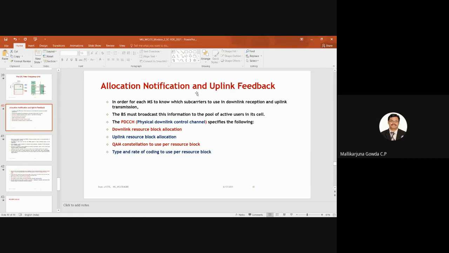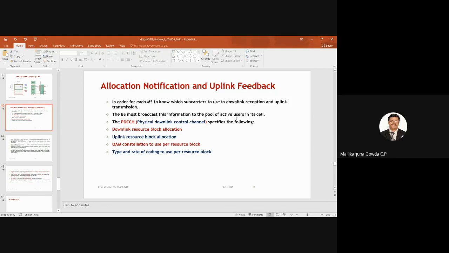The base station will be broadcasting that information to the pool of active users in that cell. Let us assume that there is one cell in which maybe hundreds of users will be there. The base station will be broadcasting the information about the number of subcarriers available for use to the users, and that too for active users, not for all users.